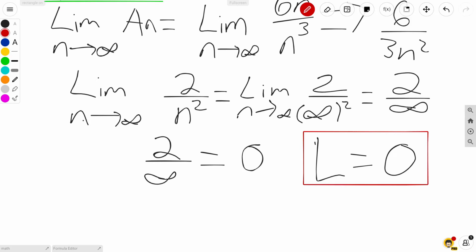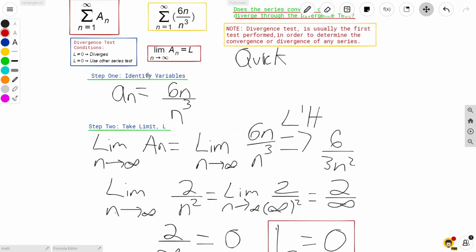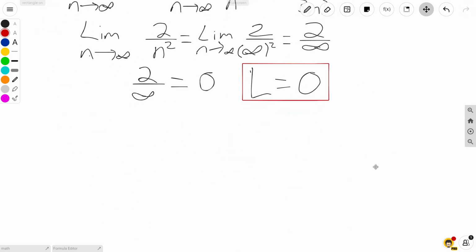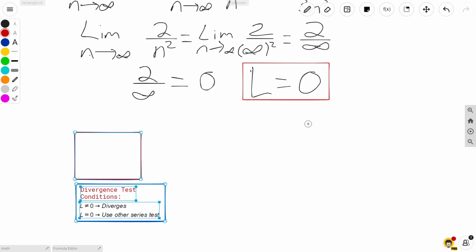Now what we do is go back to the conditions of the divergence test. The conditions of the divergence test are right here, and we're going to scroll down here. Step 3 is to apply the divergence test conditions.